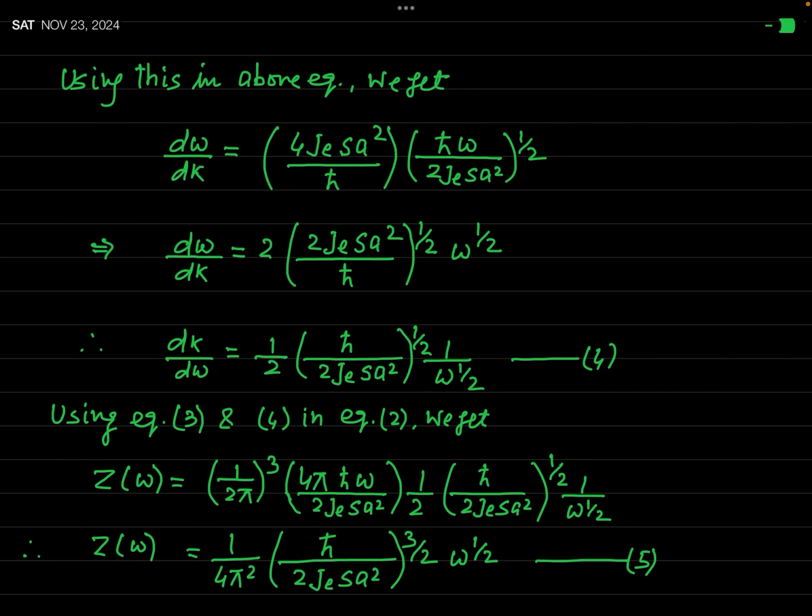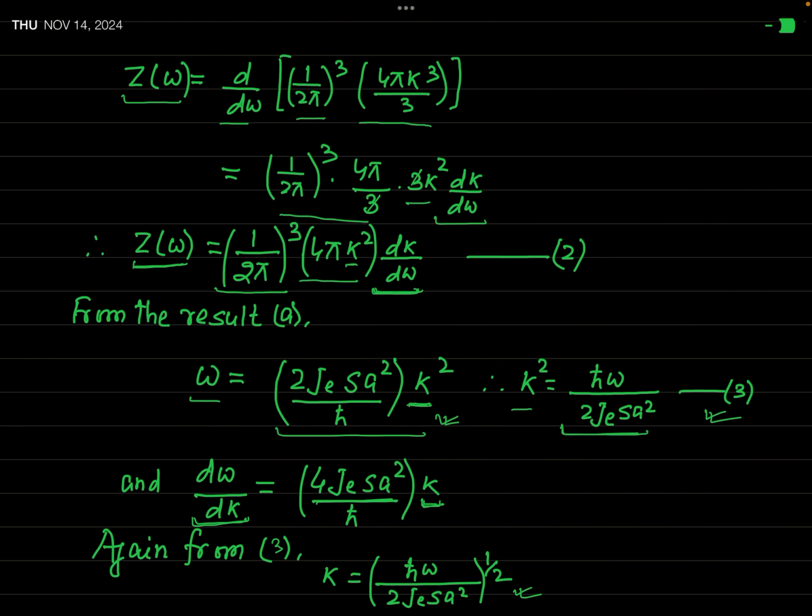So you can see that d omega by dk is equal to 4 JeS a square over h bar times k, and k is equal to this much. This is h bar omega over 2 JeS a square whole to the power half. Now after simplification, you can see that d omega by dk can be written as 2 times the square root of 2 JeS a square over h bar times omega to the power half.